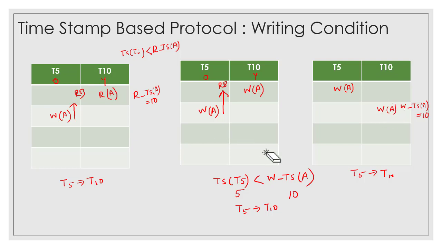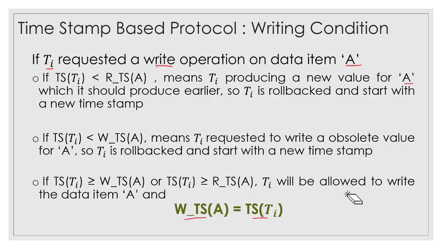Now the next condition says that if transaction T5 performs a read operation on the data item A, so the read timestamp of data item A is 5, then transaction 10 is requesting a write operation on the data item A. So here, what condition will be satisfied? We are satisfying this condition.